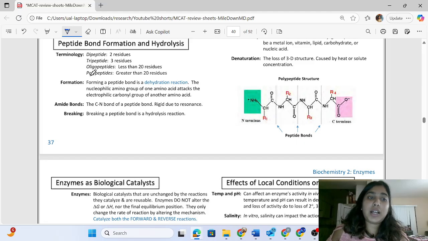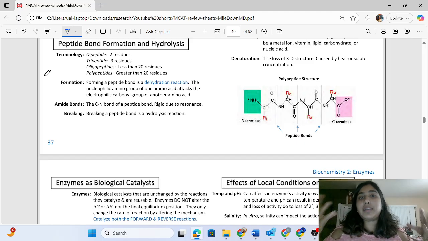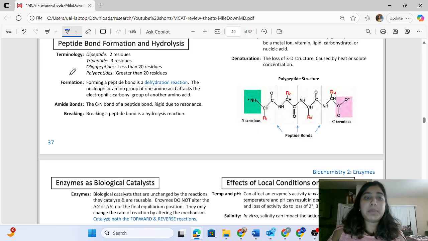It would just be written in the passages that you get, for example that you have an XYZ oligopeptide, so it should be basic information in your mind. Oligopeptide means a smaller protein, less than 20. A polypeptide means more than 20, so it's a bigger protein.